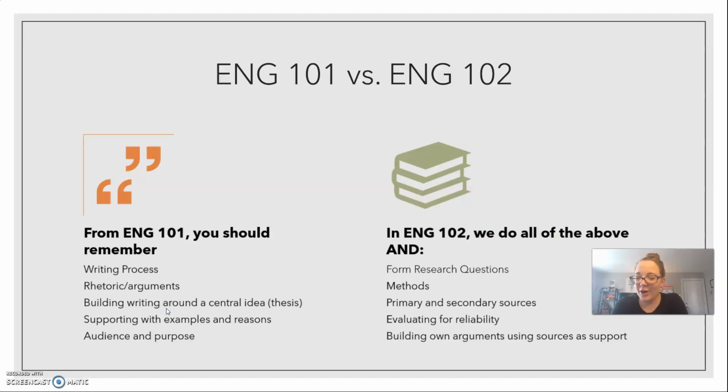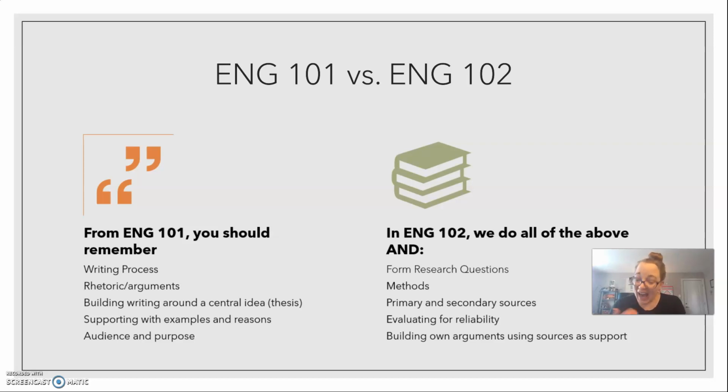So now to our course. If you've taken English 101, and you probably have to be in 102, you should remember that 101 focuses on the writing process, on having an argument, being able to express your ideas with example and support, and understanding who you're writing to and why. So all of those ideas apply to 102.